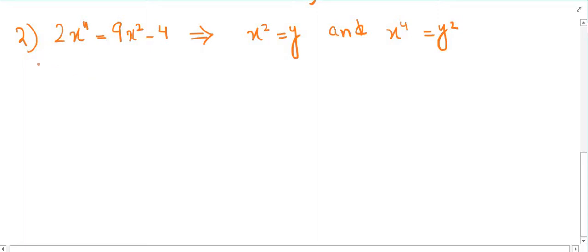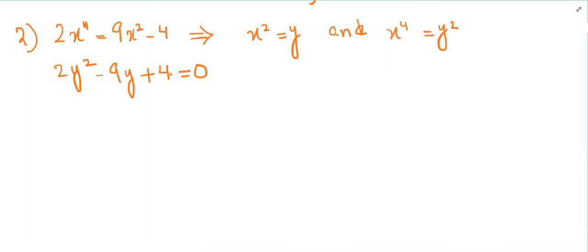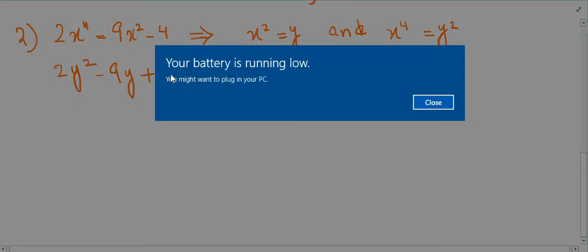You will get 2y^2 minus 9y plus 4. I also replace y^2 and y, and also shift some terms to the left. Then the sign will also change.